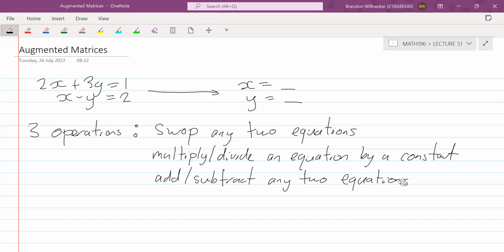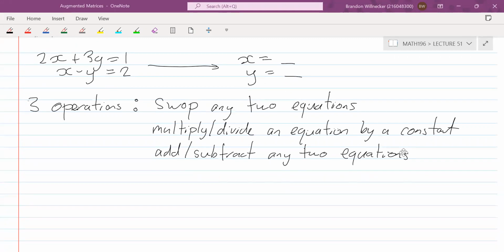So what we're going to do now is look at a different way of writing out these equations that's a bit neater, and it allows us to do our operations without having to rewrite the equations all the time. This method of writing it neater is called an augmented matrix.